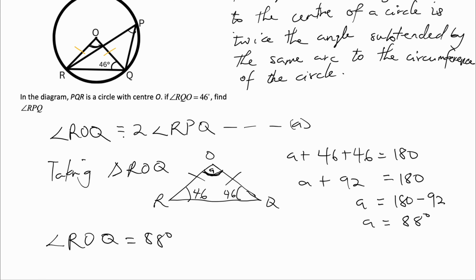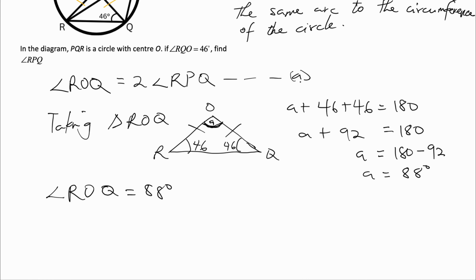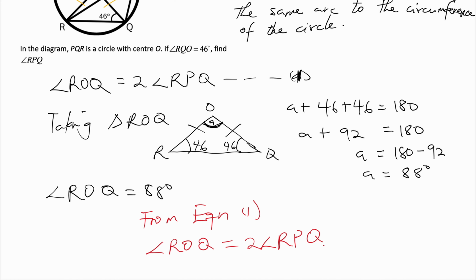But ROQ is equal to twice the angle RPQ. So from equation 1, the angle ROQ is equal to twice the angle RPQ.